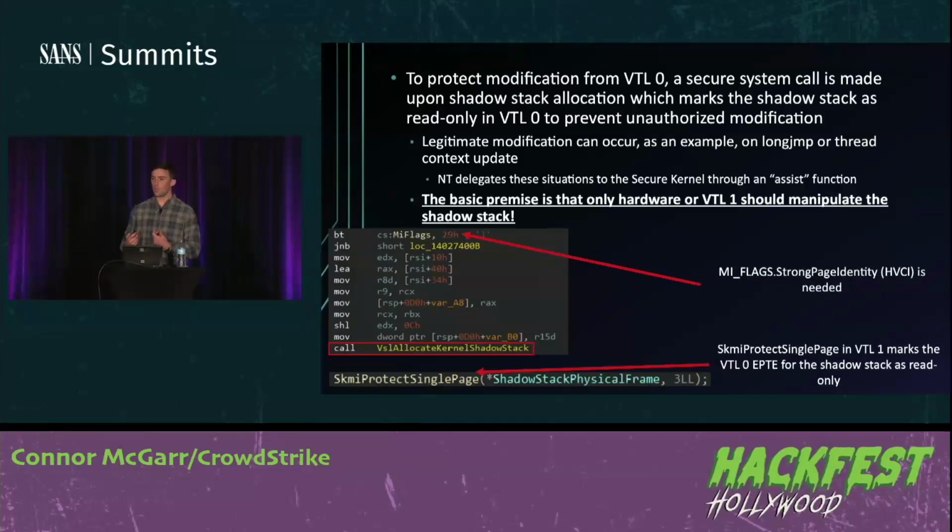With CET enabled, as part of the allocation routine, those shadow stacks are marked as read-only in VTL0, so they cannot be corrupted. And what this basically does is it delegates all manipulation of the shadow stack for legitimate reasons like longjmp or thread context update. Only hardware or VTL1 should ever manipulate the shadow stack. And that's exactly what we want because it's a higher security boundary.